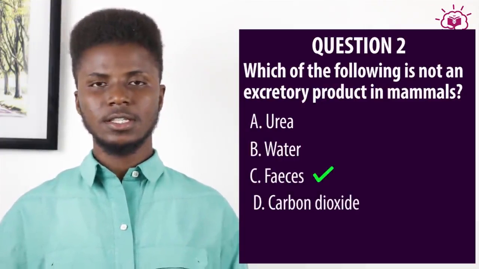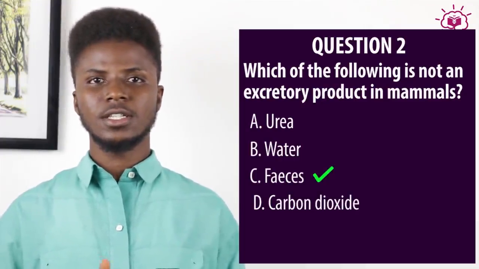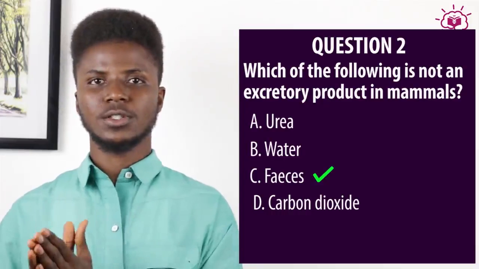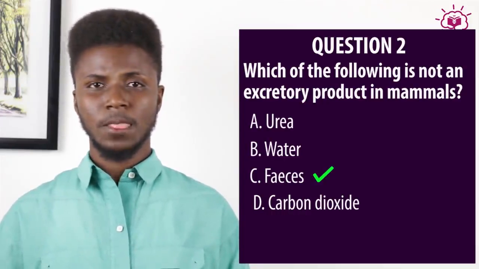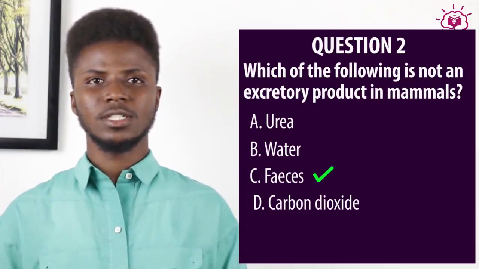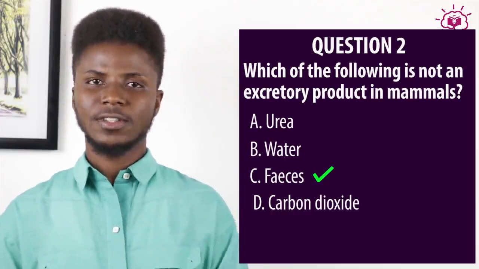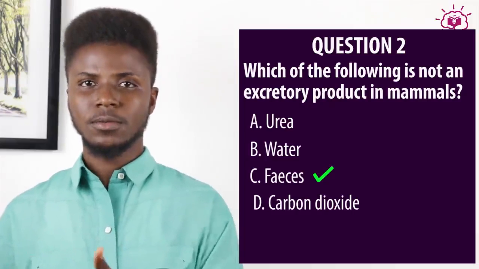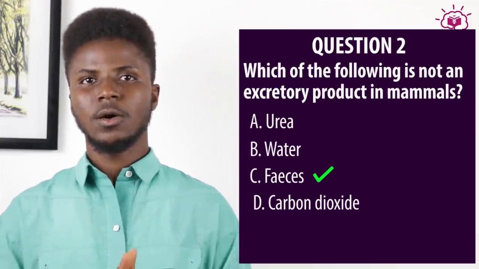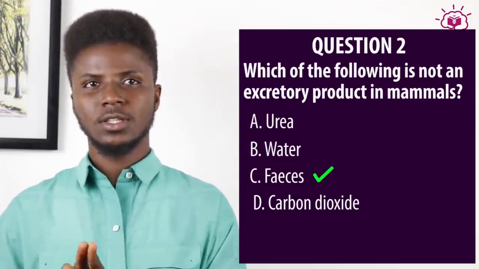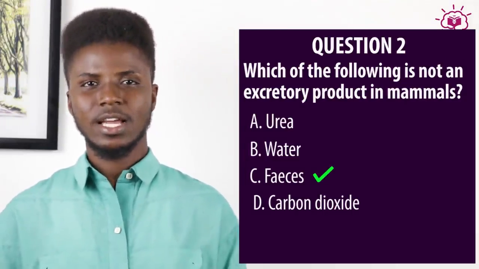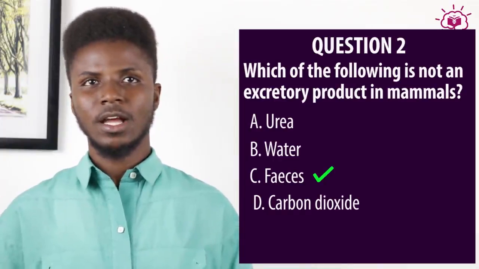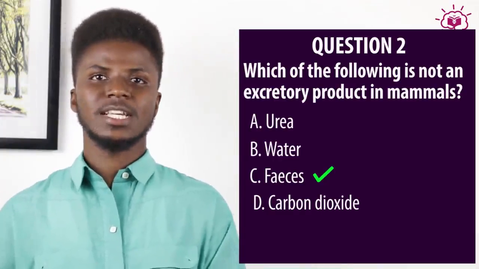Feces. That brings us to the difference between excretion and ingestion. Feces is an undigested product from digestion, while excretion is metabolic waste, a product that has been spent and used by the system, which makes up the excretory product.